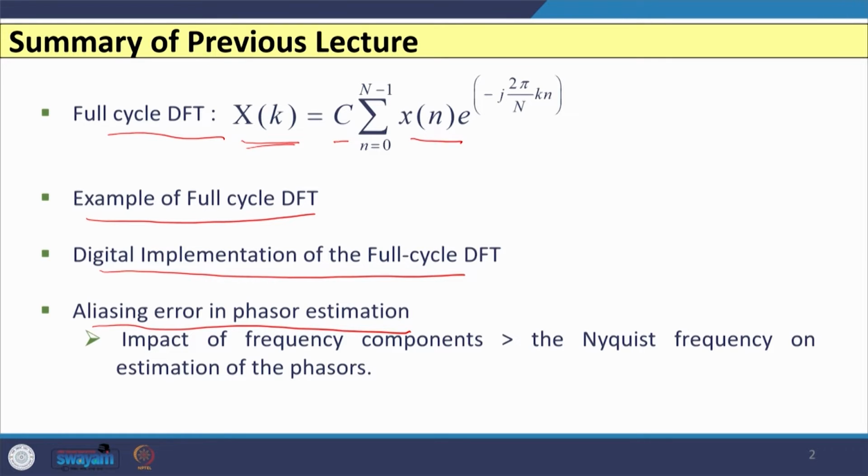If frequency components are greater than the Nyquist frequency, or higher order harmonics are present, their impact will be observed on the phasor estimation of several other components. So, this we discussed in the previous lecture.